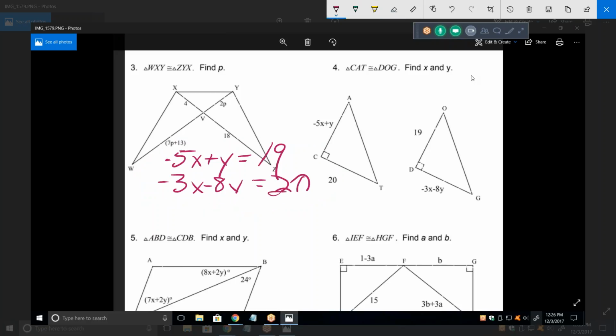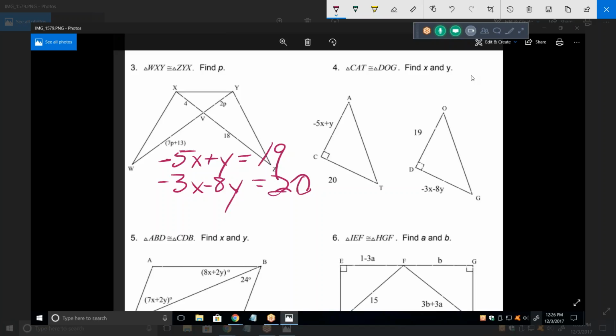How do I solve these two? I've got two variables, two equations. Elimination or substitution? Actually, when they are in standard format, which is when you have the x and the y on the left side and a number on the right side, that's standard format.